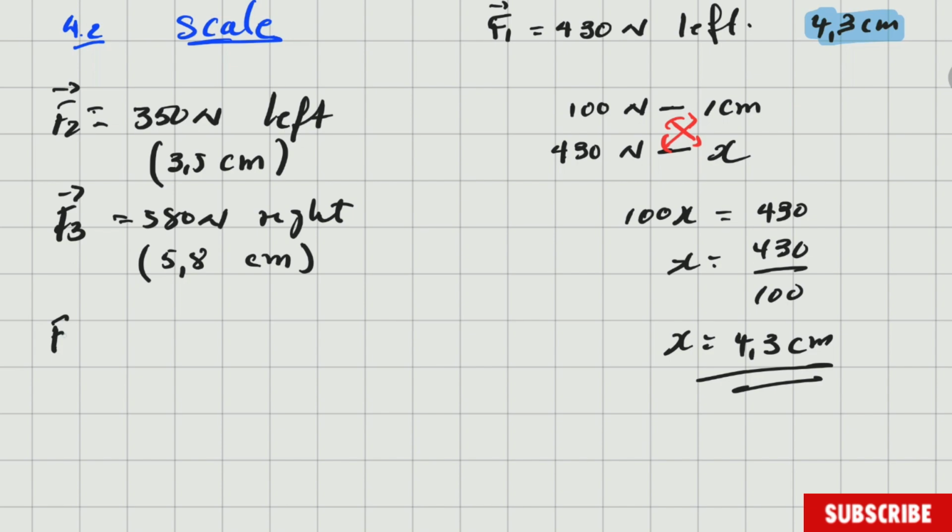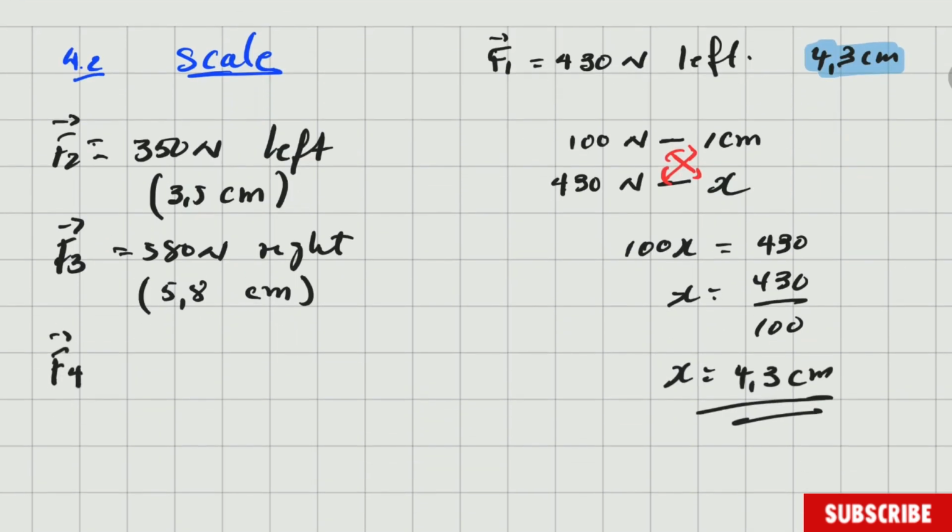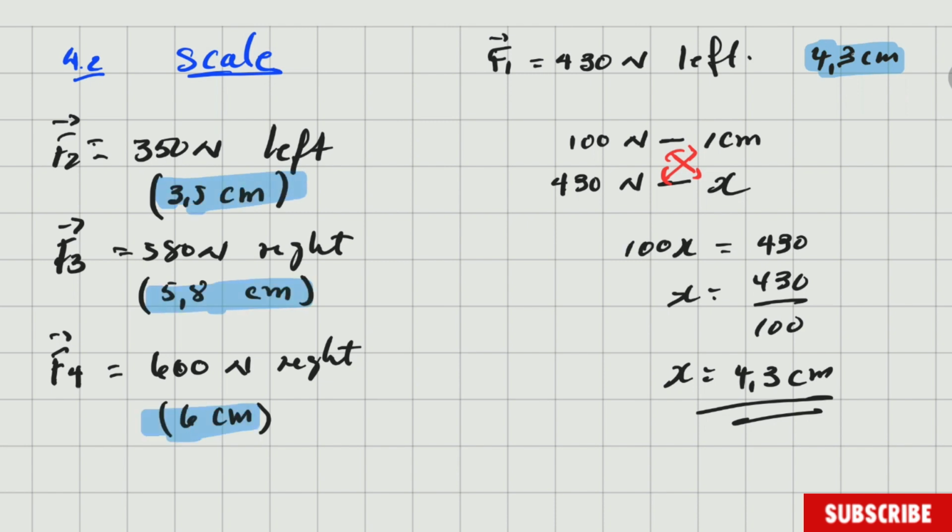And the last force, F4, is 600 Newton to the right, and then it is going to be 6 centimeters. So now we have the centimeters for each force as well as the direction.